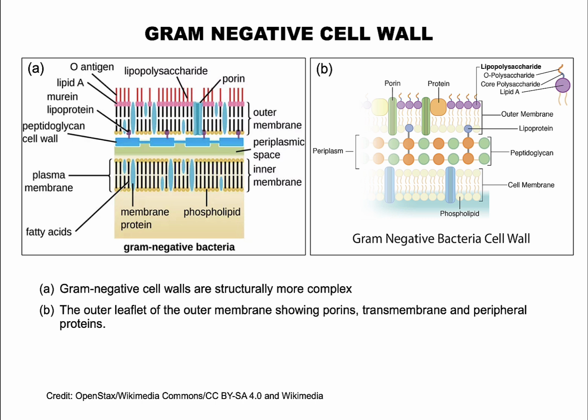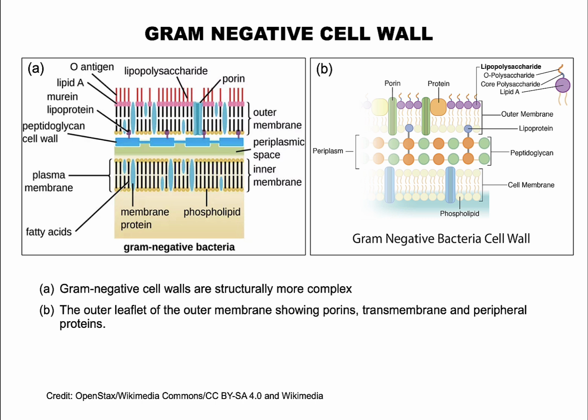It differs from the cell membrane by the presence of large molecules known as lipopolysaccharides, which are anchored into the outer membrane and project from the cell into the environment. LPS is made up of 3 different components: the O antigen, or O polysaccharide, which represents the outermost part of the structure; the core polysaccharide; and number 3, lipid A, which anchors the LPS into the outer membrane.